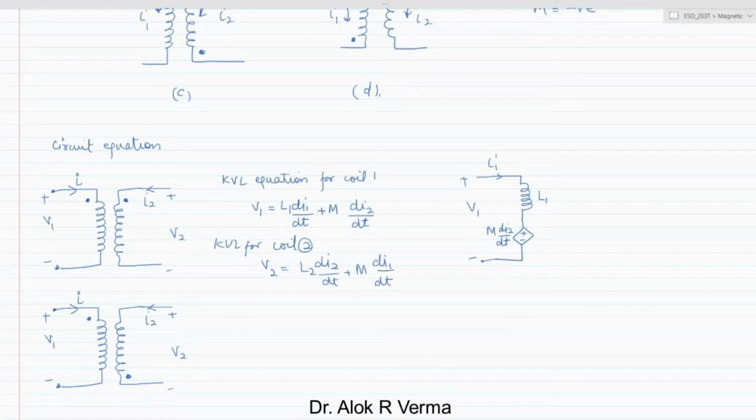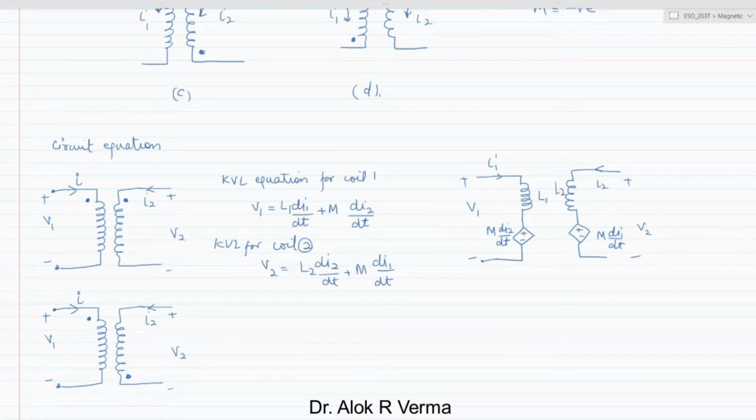The coil 1 is L1, so this is L2 for coil 2. Similarly, from here if you draw the equivalent circuit, there is a self-inductance L2 of coil 2, then a dependent voltage source, and in the direction of current we take this positive, meaning it is a drop again. So whatever the polarity of L, here M, this will be M di1 by dt. The current I2 is here, and this is V2.